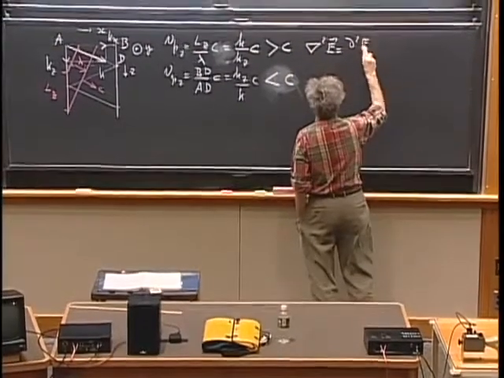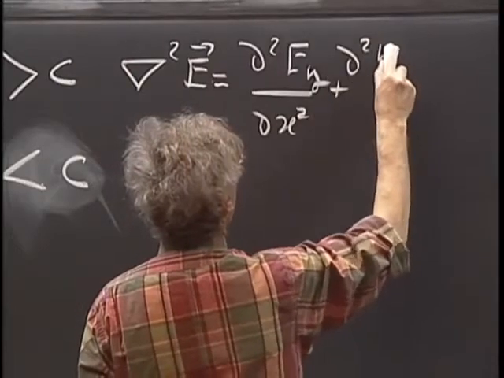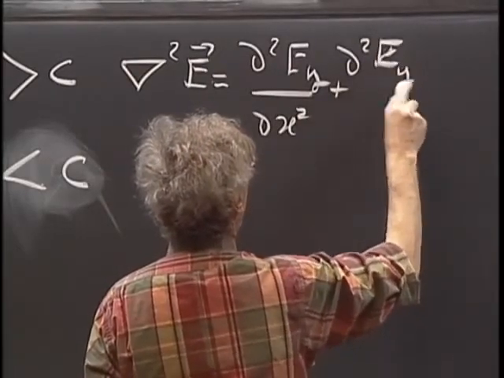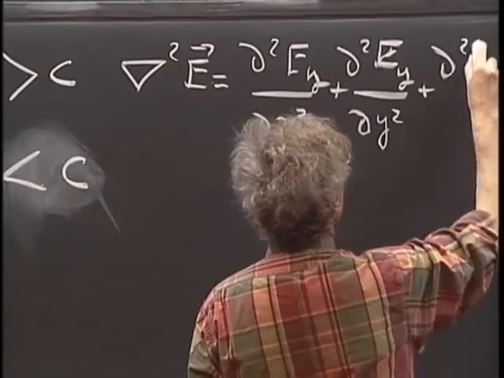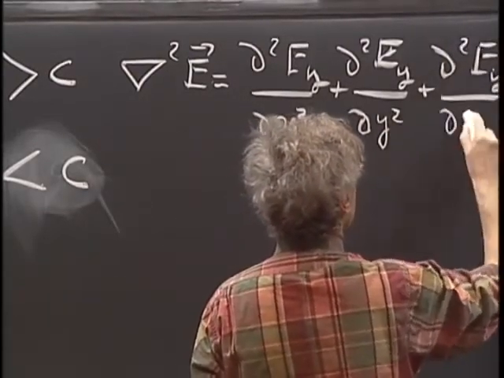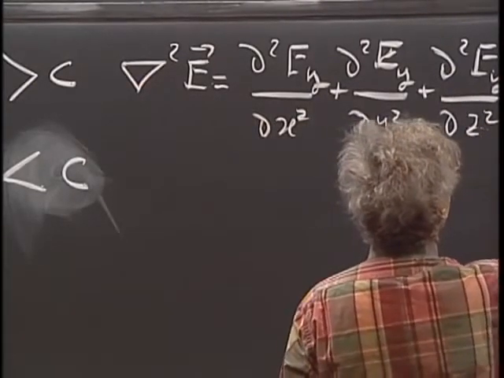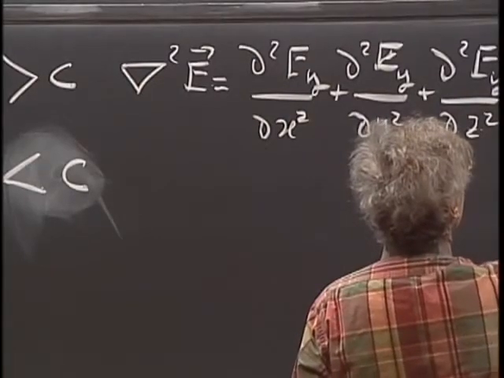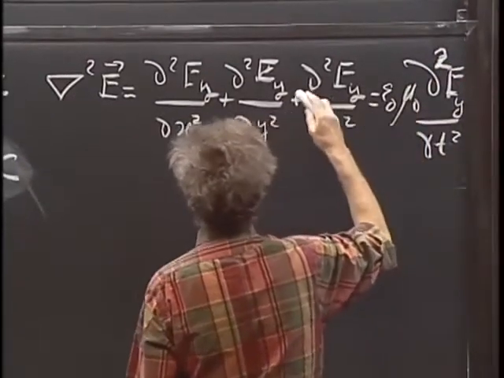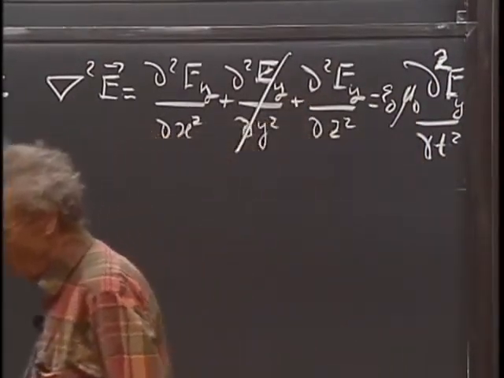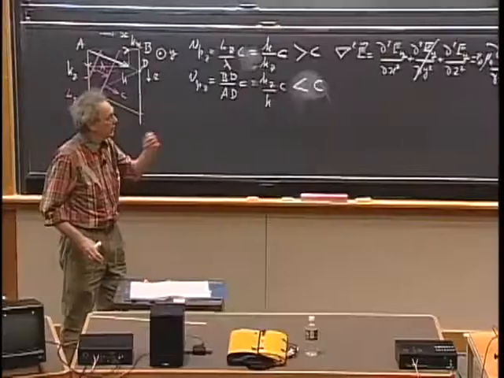So I get d2Ey/dx squared plus d2Ey/dy squared plus d2Ey/dz squared equals epsilon 0 mu 0 times d2Ey/dt squared. And this term does not exist because there is no dependence of the E vector in the y direction.